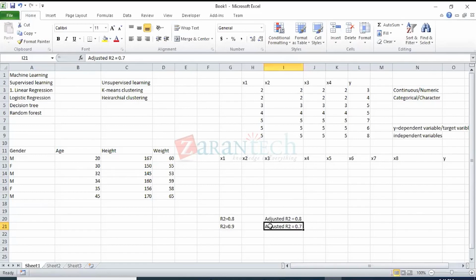You will get ready-made values of both R square and adjusted R square, so just understand how to interpret the values. If this is the value, this is the conclusion. Always use adjusted R square to measure the accuracy of your model. Okay, clear?